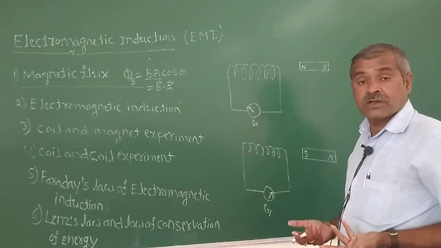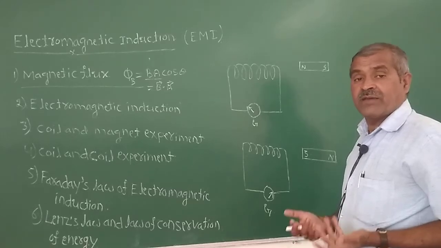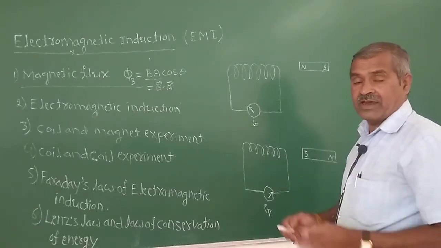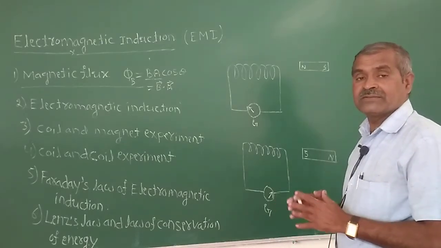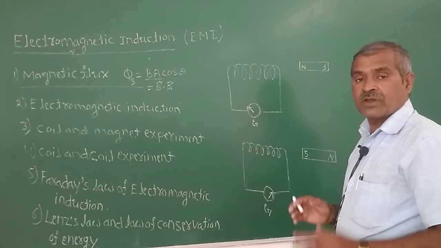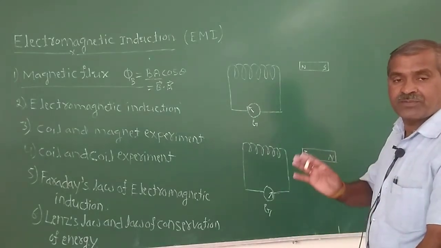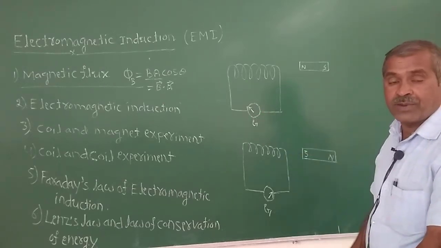In that case, is an EMF induced in the coil? Yes, the EMF is induced in the coil. Therefore, an induced current is set up in that coil, so the galvanometer should deflect.